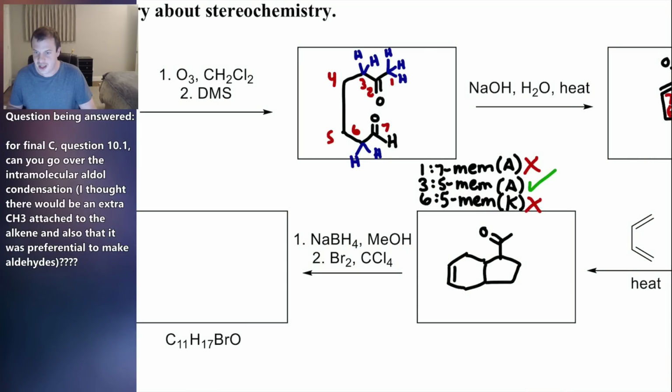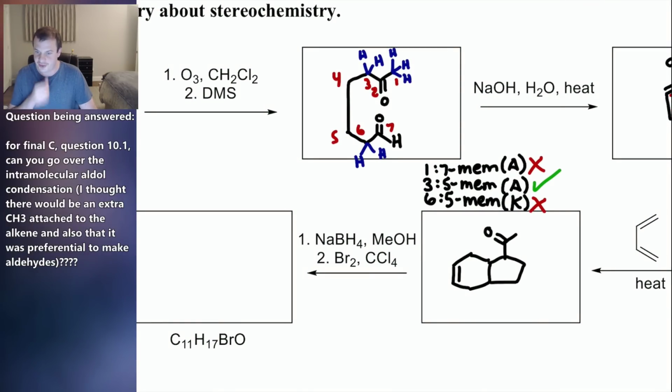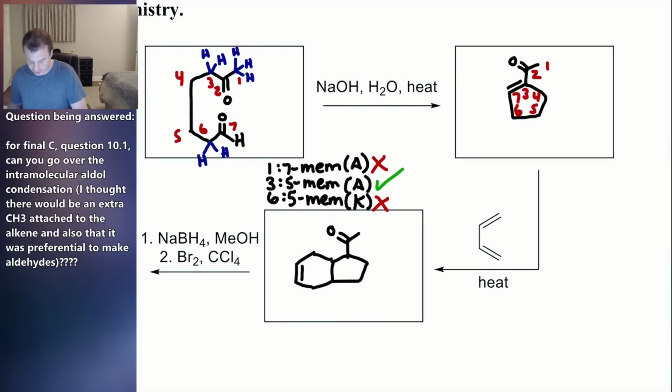Okay, now we're going to do NaBH4, methanol. So remember, just to be clear on this Diels-Alder reaction, I'm going to draw my ketone next door to my dienophile, and so we're going to be connecting these here.